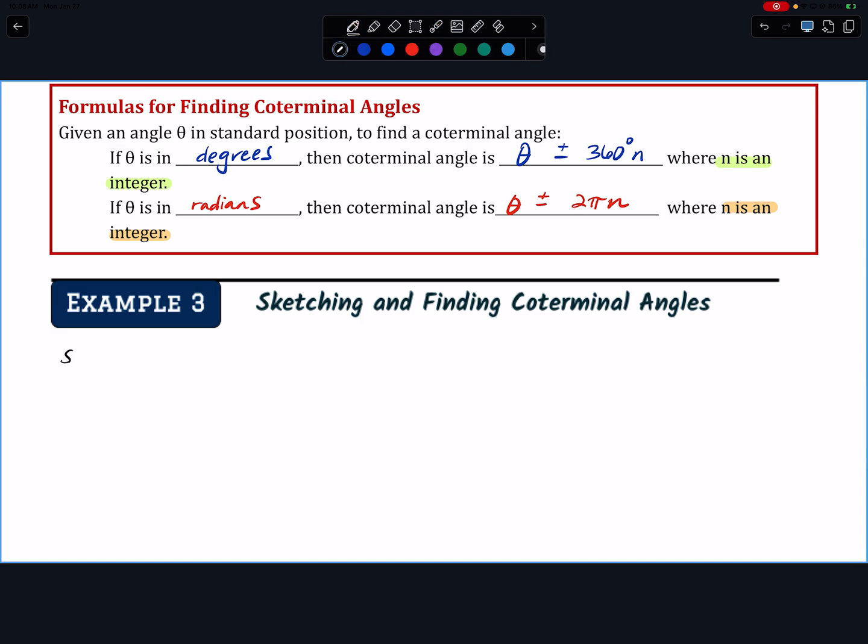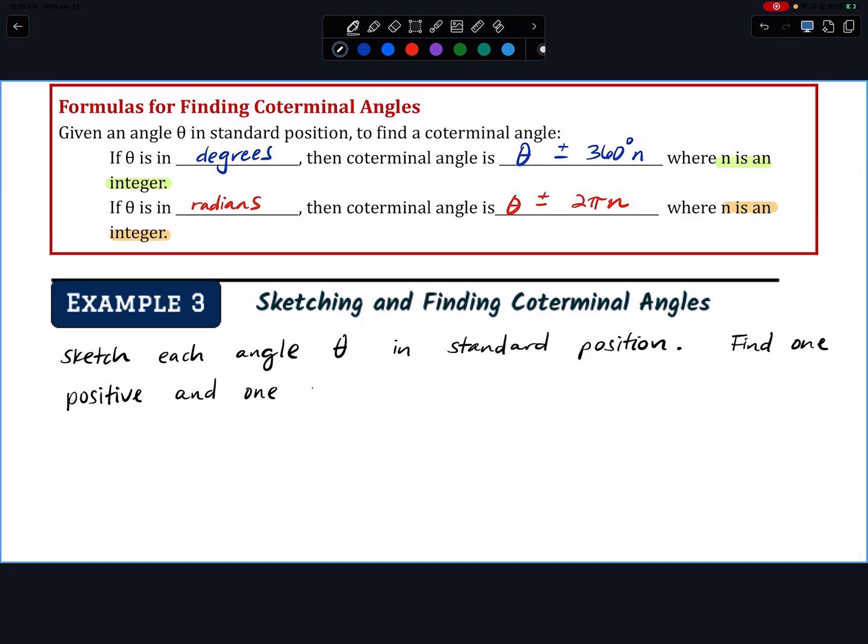So sketch each angle theta in standard position. Find one positive and one negative coterminal angle.